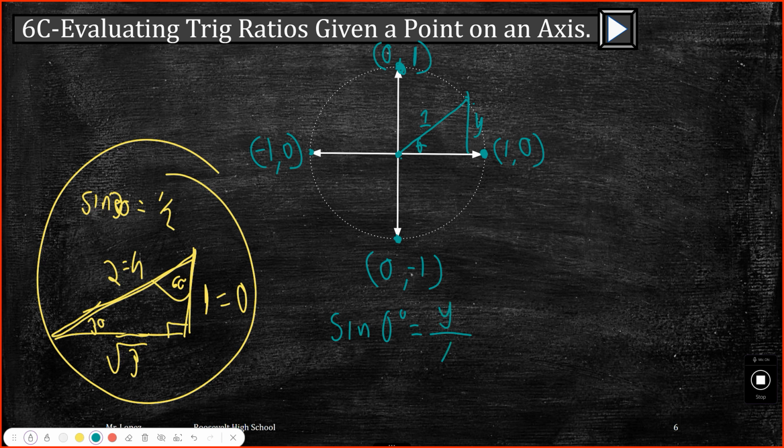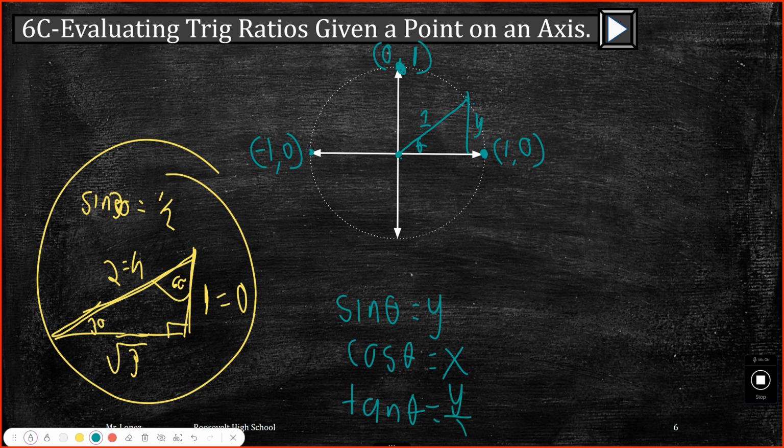So on the unit circle, sine theta is y, cosine theta is x, and tangent theta would be y over x.